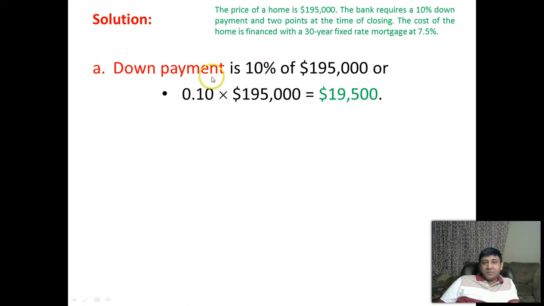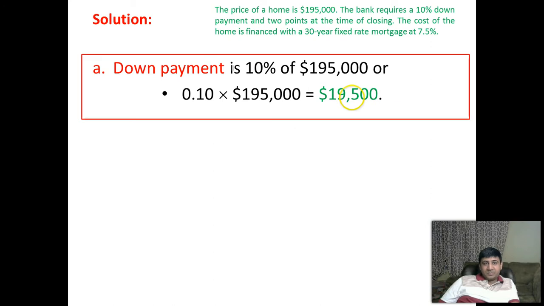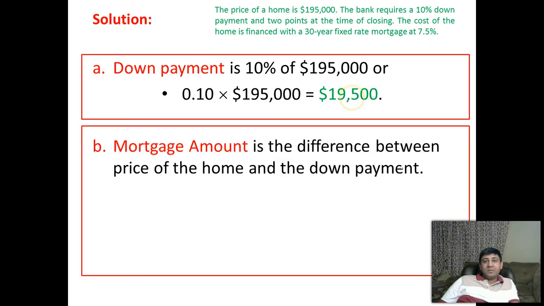So basically we're multiplying 0.1 with $195,000. If you want to buy a $195,000 house, you need $19,500 for your down payment. You have to have this money. So this is what you need for your down payment. So first part done. Let's move on to the second part.